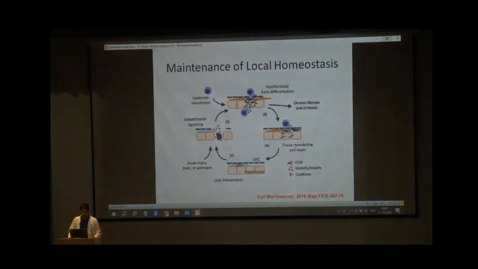So how does the liver maintain its local homeostasis in the presence of acute injury or infection because of some pathogen? The hepatocyte recognizes the infectious agent or injury to the hepatocytes, which causes release of damage associated molecular patterns and microbial associated molecular patterns.